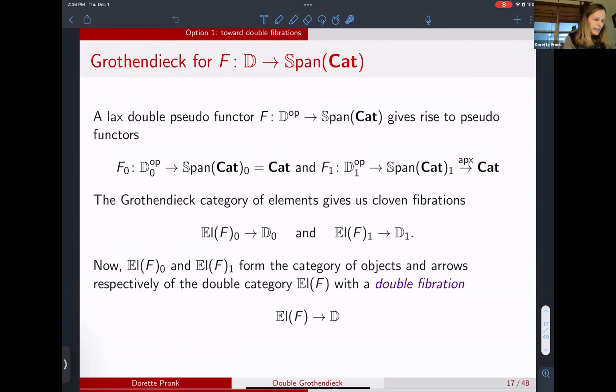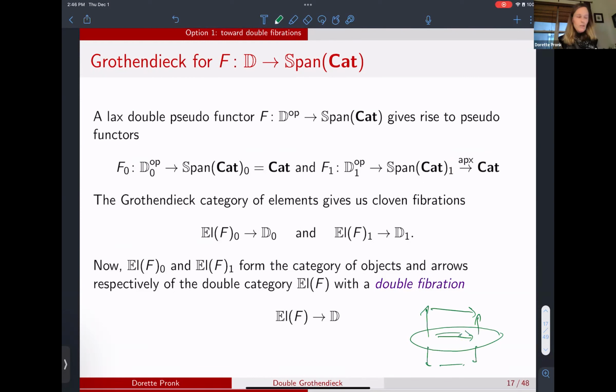So what we're doing is we had our diagram for a double cell. We're just going to take the middle part there. And that gets me into Cats. We can even have the natural transformation between them here.